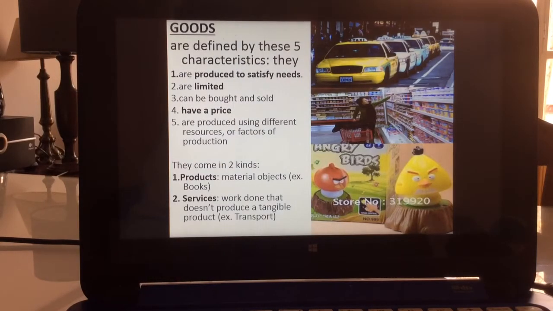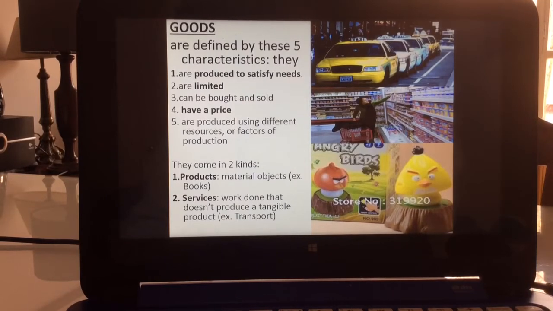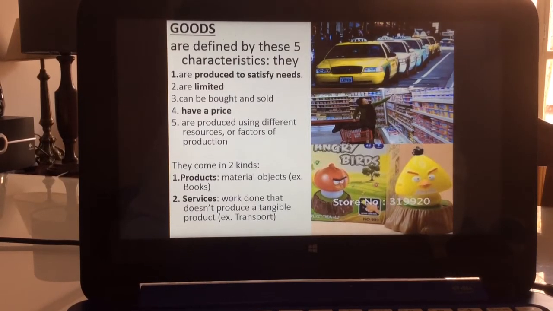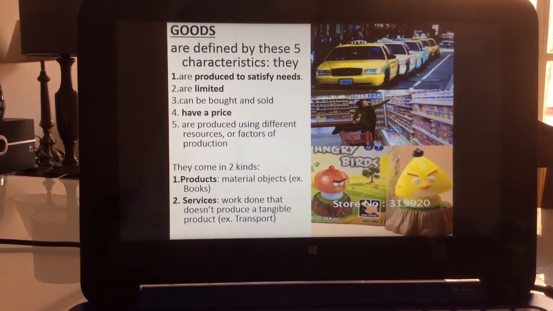All right, a few important definitions here. Goods. Goods are basically like products, as that's how we sort of think of them, except the product is a kind of good. So any kind of good is defined by these 5 characteristics. They're produced to satisfy needs or wants, really. They're limited, right?